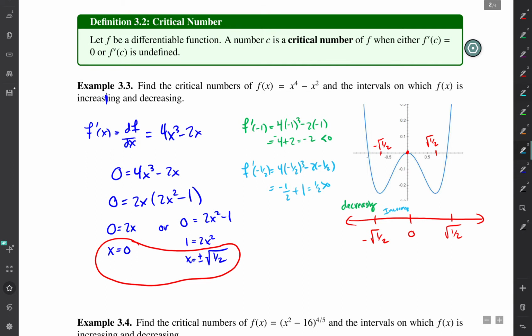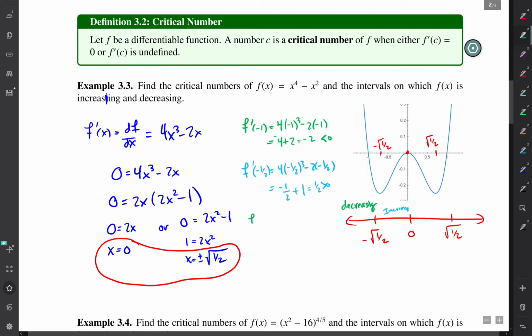And let's see, if I plug in f prime of positive 1/2, then I get 4 times 1/2 cubed, sorry. So that's 4 times 1/8, which is 1/2. So I get 1/2 minus 1, which is -1/2, which is less than 0.